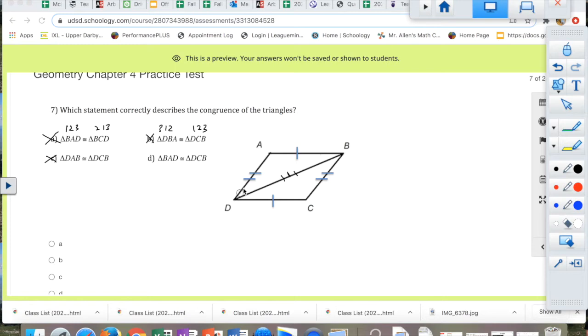DAB. 2, 1, 3. DCB. 1, 2, 3. BAD. BAD. 1, 2, 3. Right, just like we had back here. DCB. 1, 2, 3. Oh, that is the correct one.